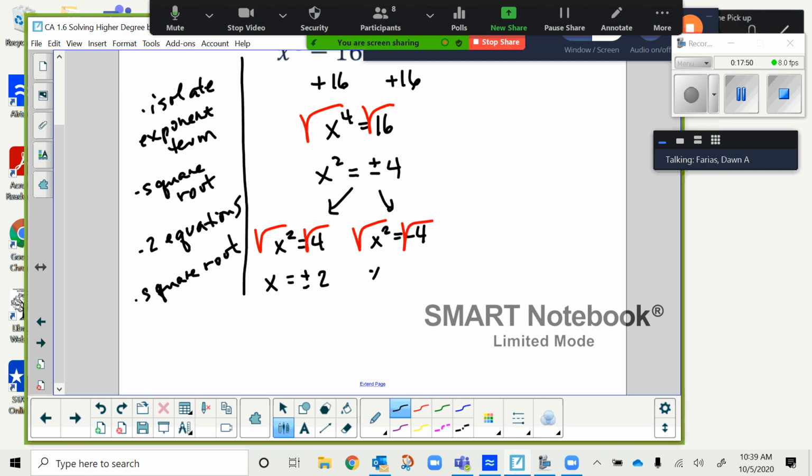And that gives me x equals positive, negative. But just here you have to remember about i, because it's negative 1 times 4 under the square root. So the square root of 4 is 2, and the square root of negative 1 is i. And so how many solutions is that? 4. You have plus 2, minus 2, plus 2i, and minus 2i.